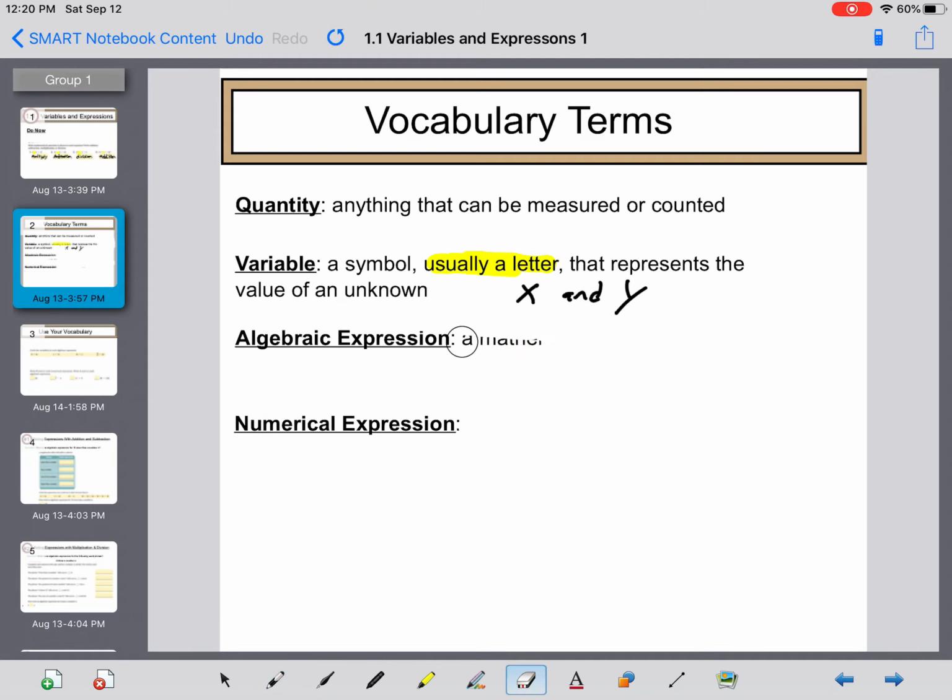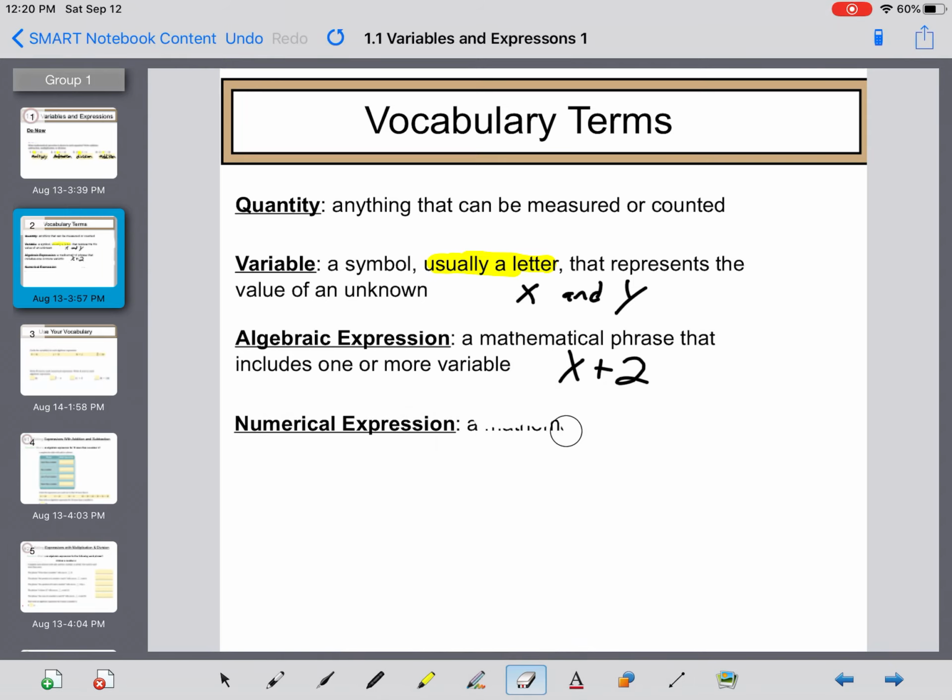An algebraic expression is a mathematical phrase that includes one or more variables. An example of an algebraic expression would be x plus 2. We have a variable and a number in one expression.